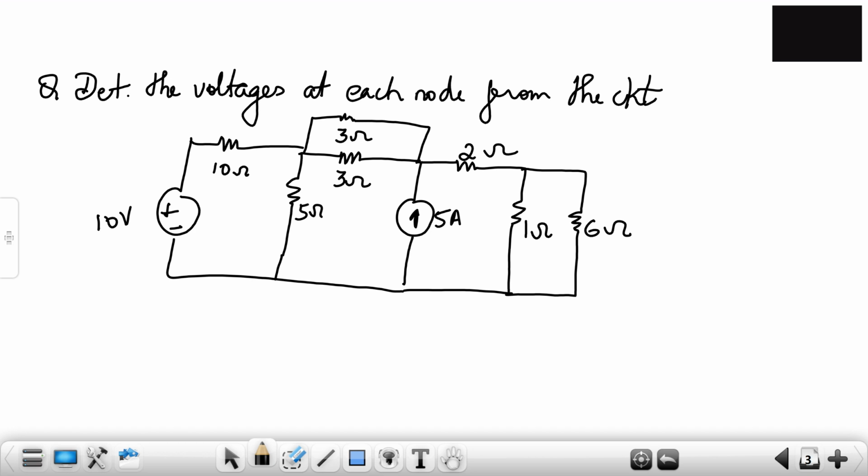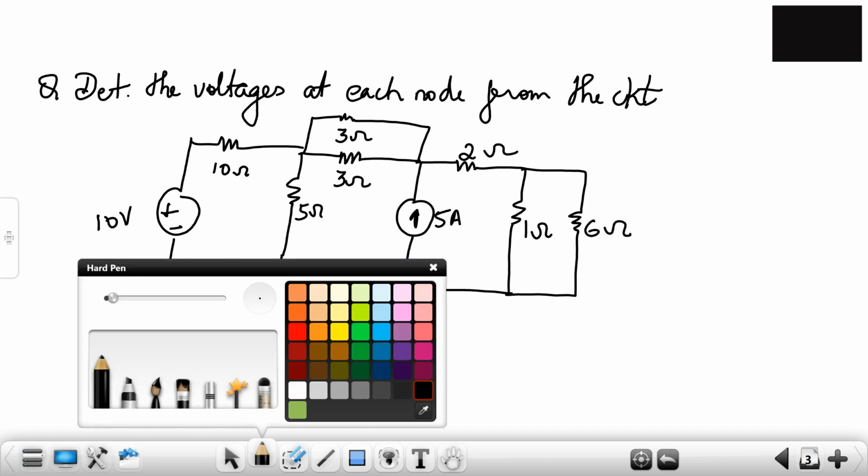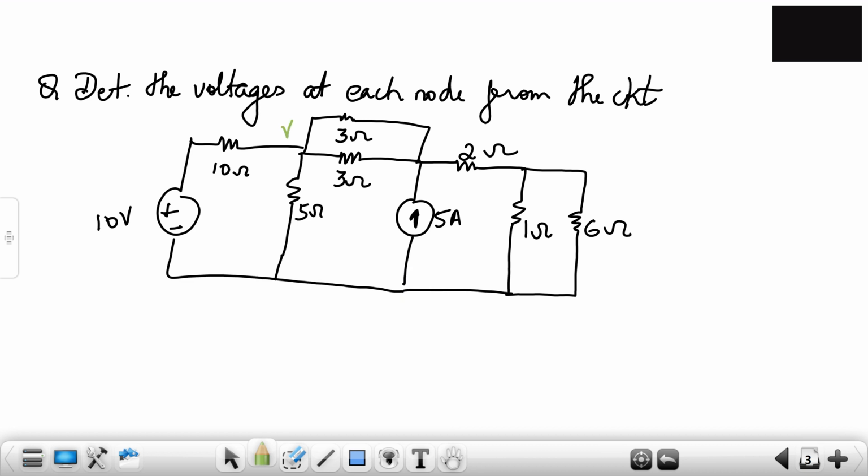Have you all copied down the diagram? Okay, let's note down the voltages. Here there will be 3 voltages: voltage V1, voltage V2 and voltage V3.